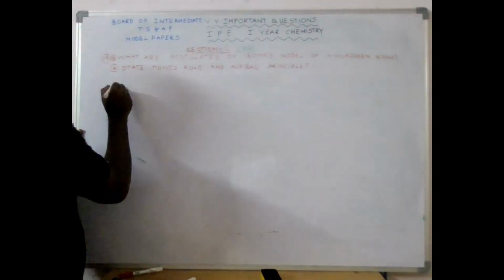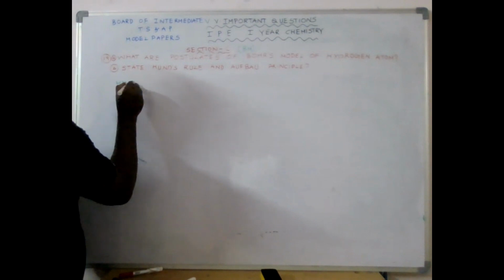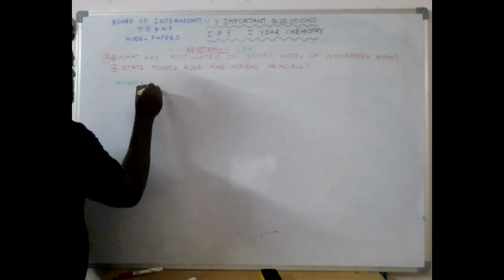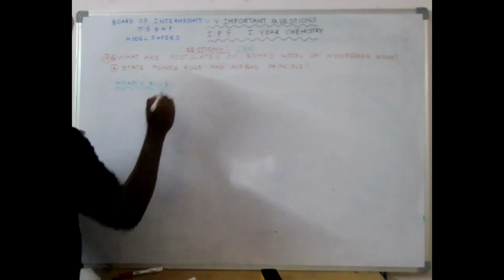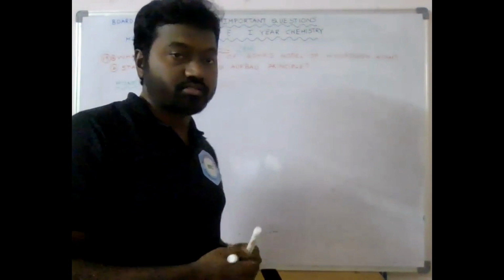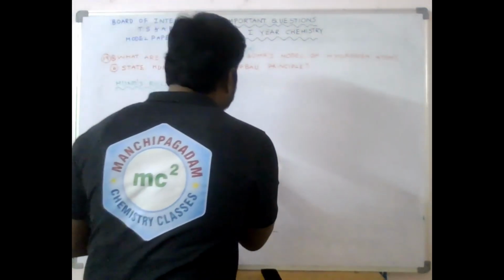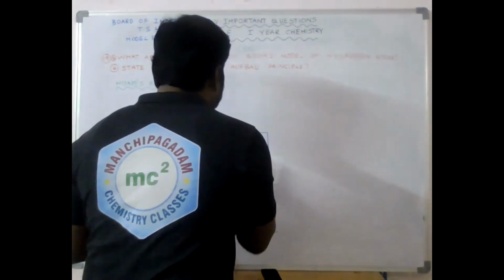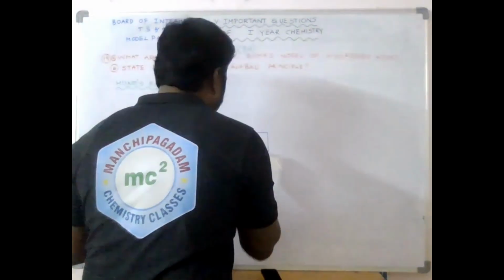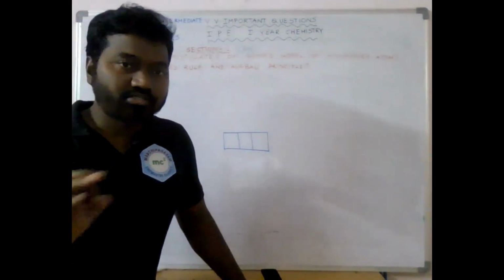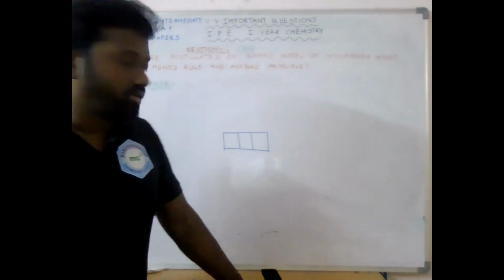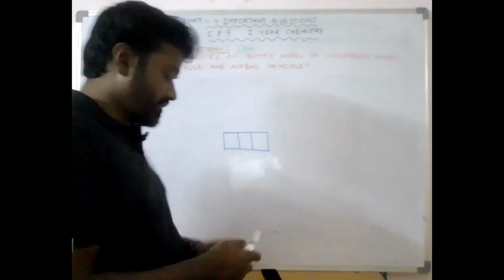So now our next half of the answer is what? Hund's rule. What is Hund's rule? Pairing of electrons, simply. When we have taken one degenerate orbital like this, degenerate orbital means which are having same energy. Orbitals belong to the same subshell. For example, this is the p subshell.